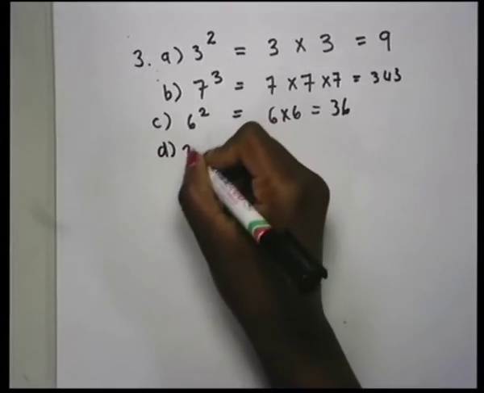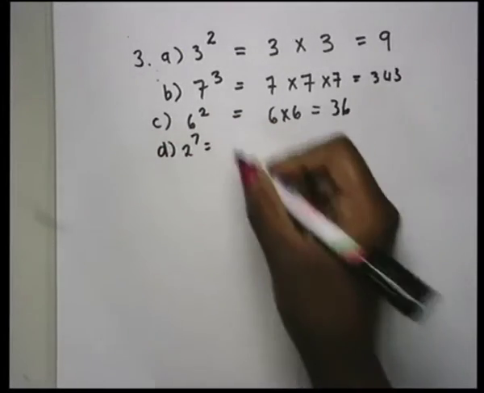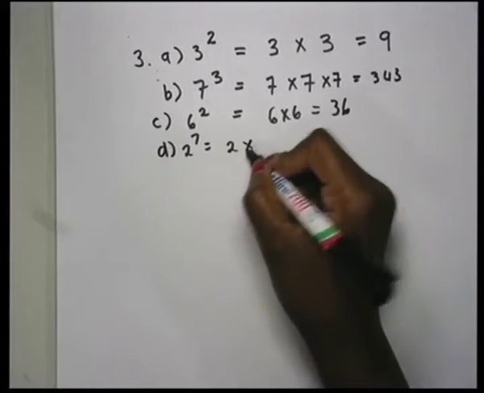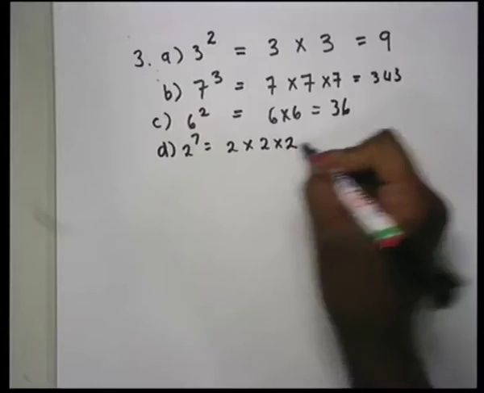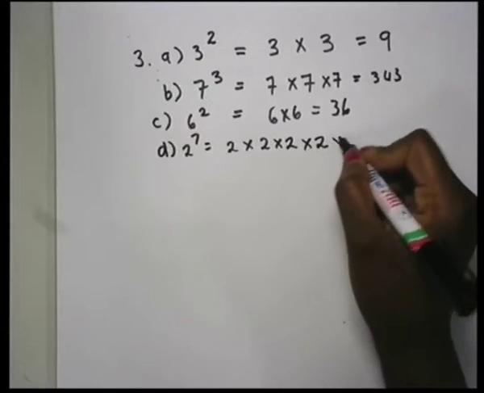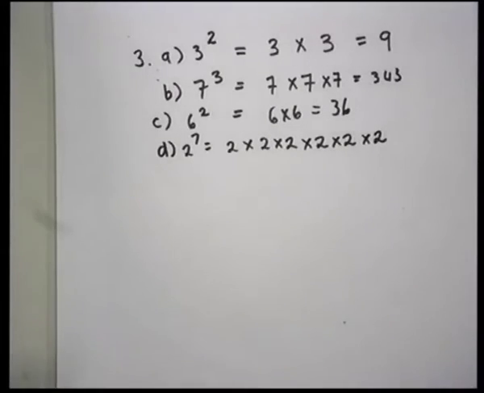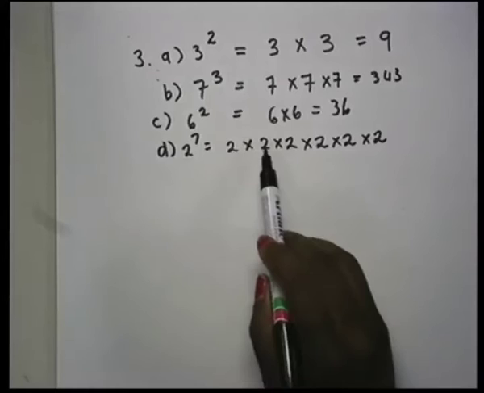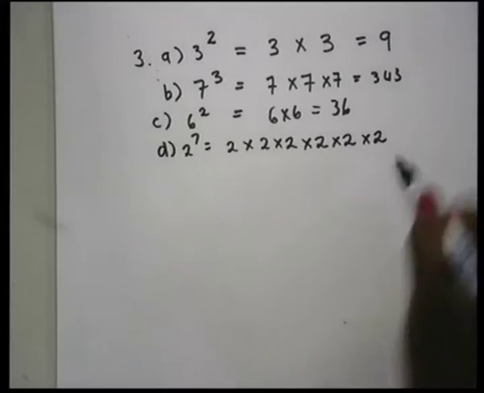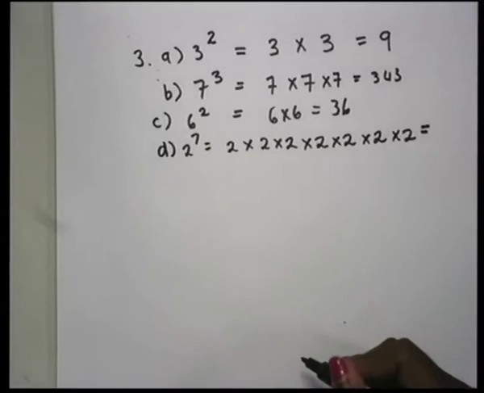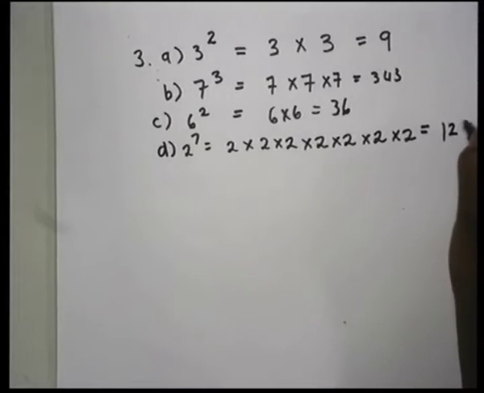And then D, 2 to the power of 7, meaning 2 times 2 times 2 times 2 times 2 times 2 times 2, which is 2 times 2, 7 times, meaning 1, 2, 3, 4, 5, 6, and 7. And the answer to that is 128.